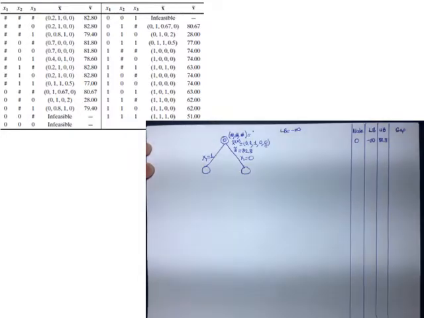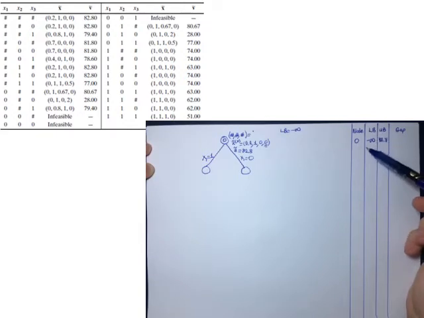But at the beginning of the branch and bound algorithm, if we don't have any integer feasible solution, in a maximization problem, the lower bound will be minus infinity. In a minimization problem, the upper bound will be plus infinity. In that case, if you try to calculate the gap value, it will be infinity or something undefined mathematically. That's why we don't write the gap value until we find an initial feasible solution.